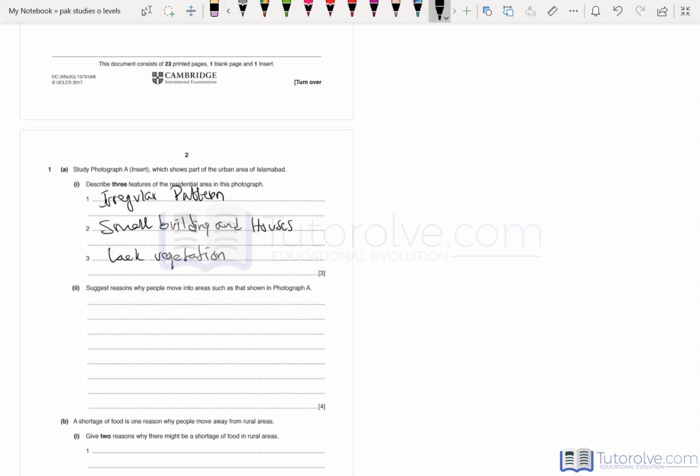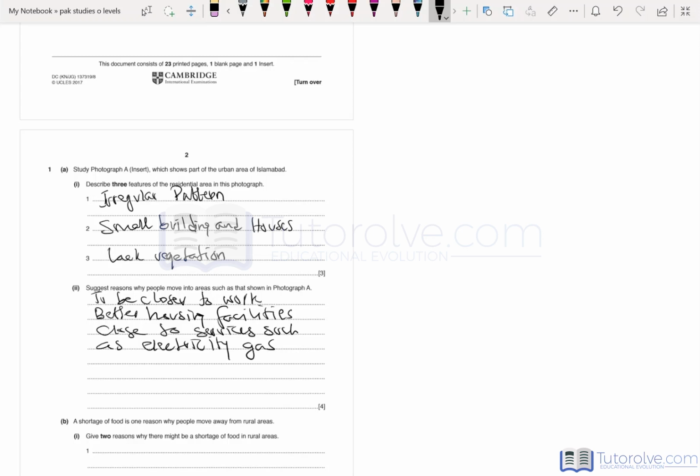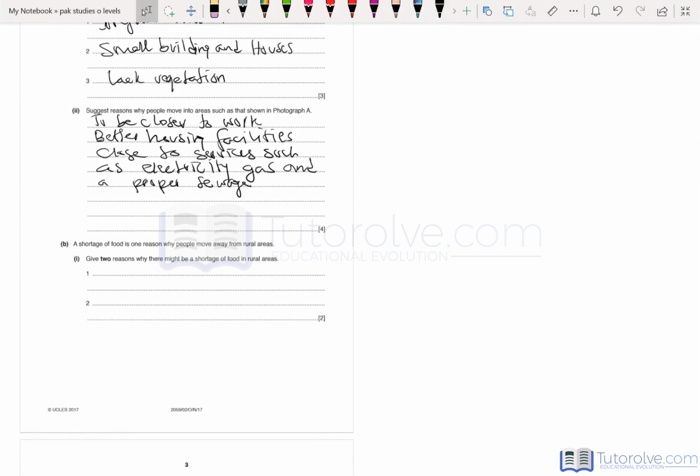So it is basically to be closer to work, there are better housing facilities, and they are close to services such as electricity, gas, and a proper sewage system.